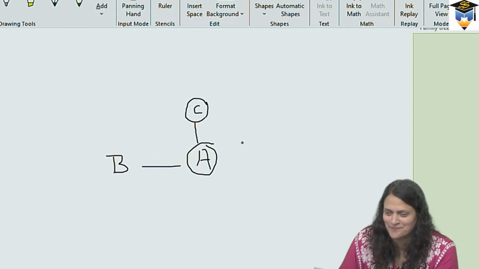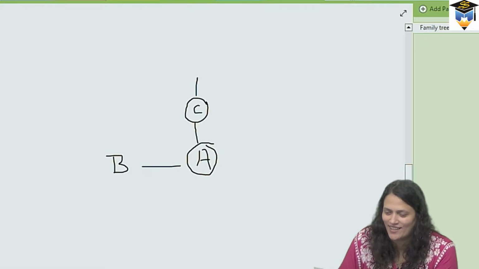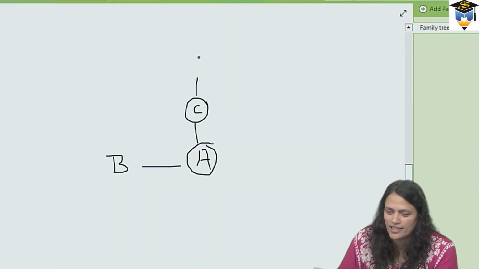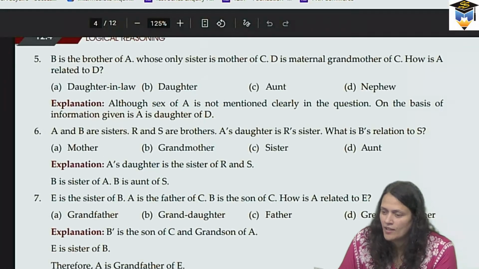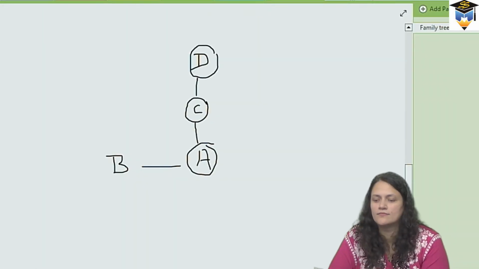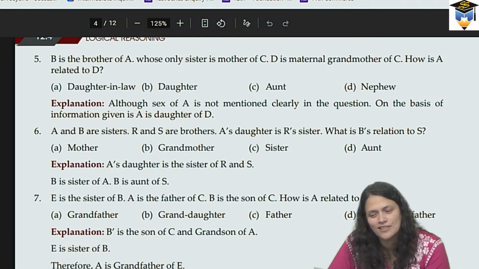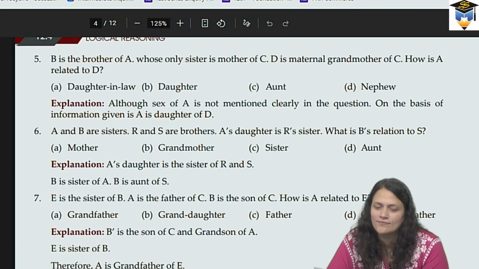D is the maternal grandmother, म्हणजे D परत फिमेल. How is A related to D? Grandmother. Again here A, म्हणजे we are assuming that A is the daughter ना here.